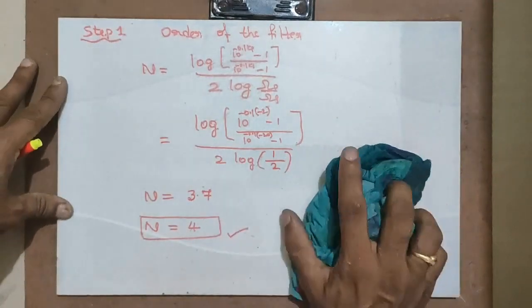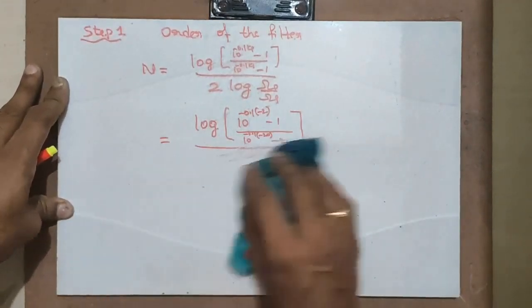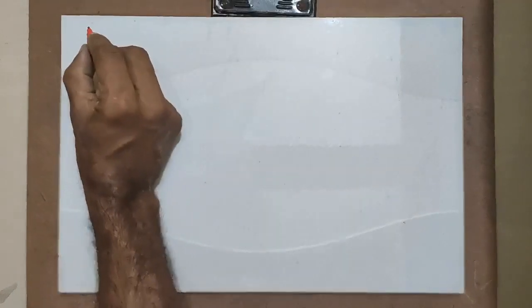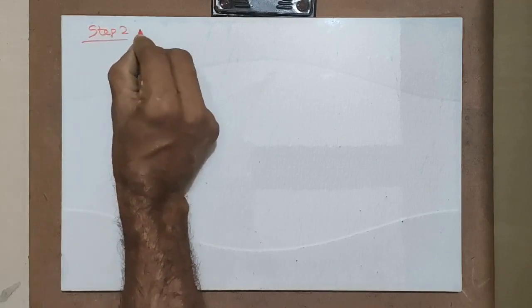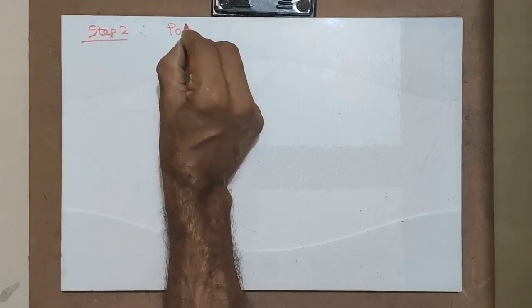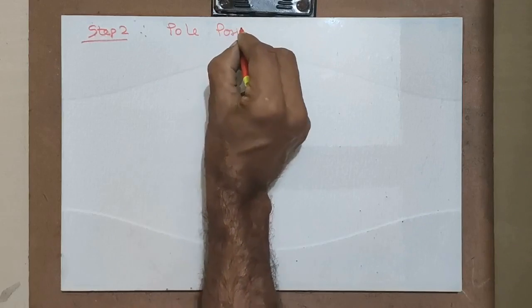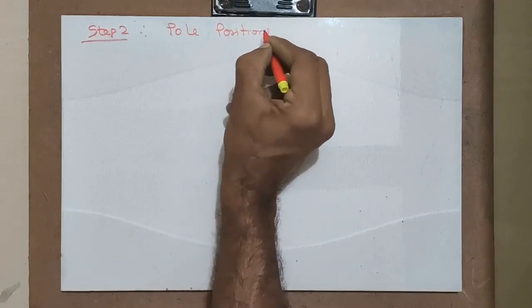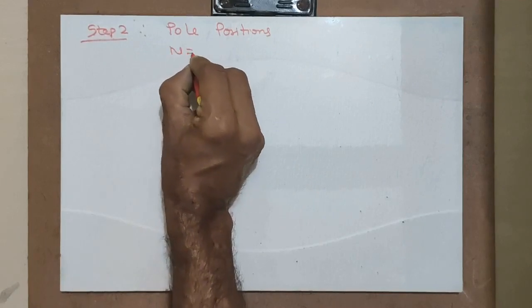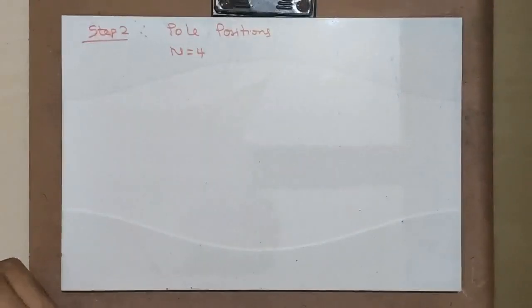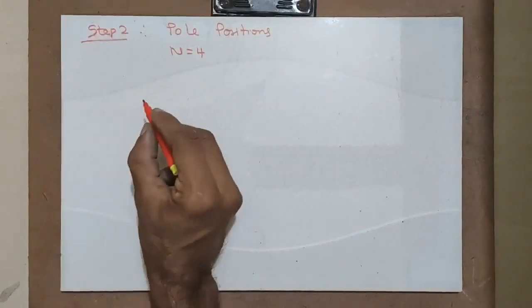Now let us go ahead with step 2, where we will be finding out pole positions. You already found N is equal to 4, the order of the filter.